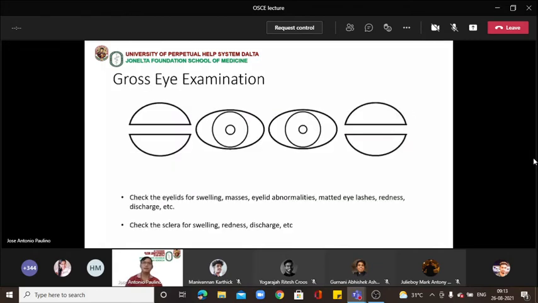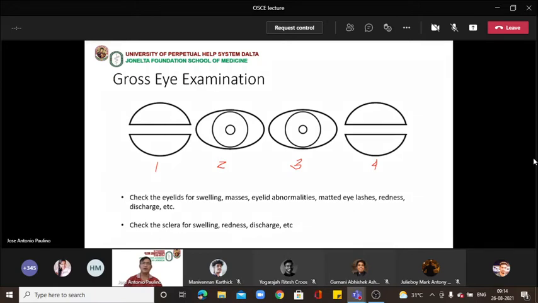This is how we draw the diagram of the gross eye examination. Diagram number 1 is the everted eyelids of the right eye. Diagram number 2 is the right eye. Diagram number 3 is the left eye, while diagram number 4 is the left everted eyelids.